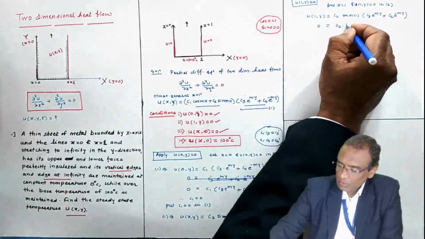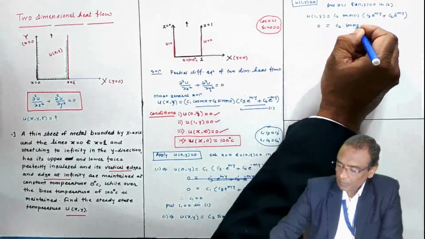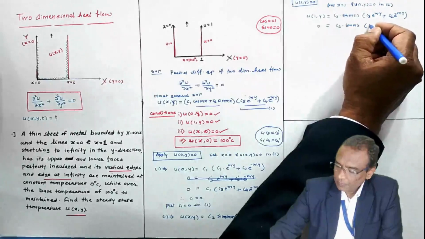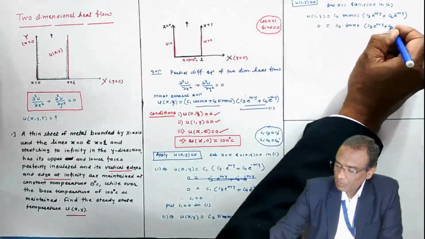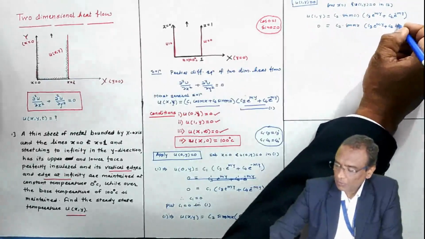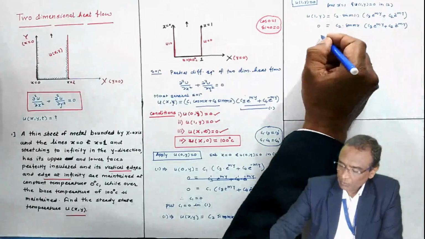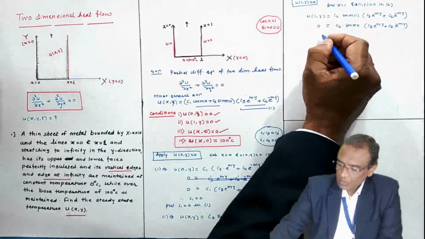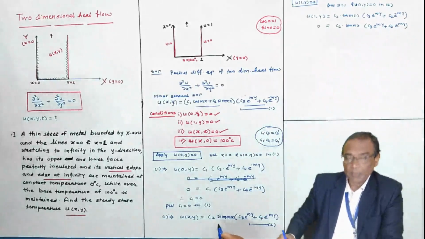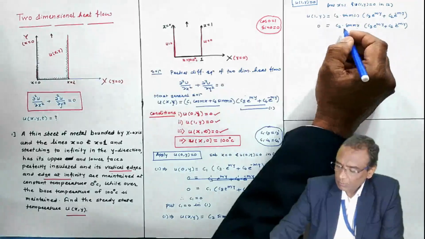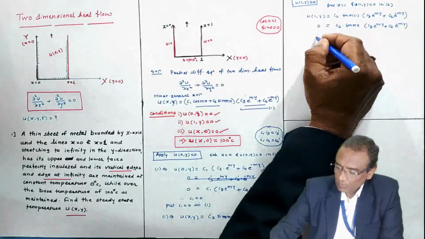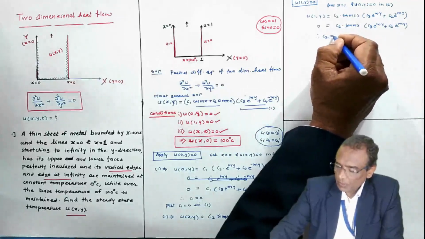C2 sin m, C3 e to the power my plus C4 e to the power minus my. Okay, so one more step you can do here. The product of these two is 0, therefore C2 equal to 0.